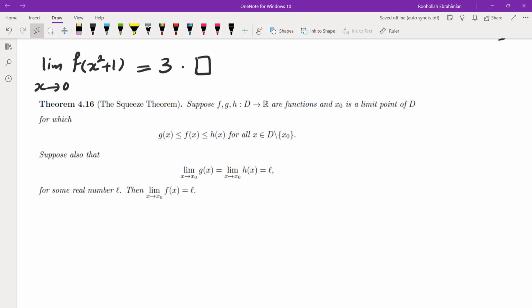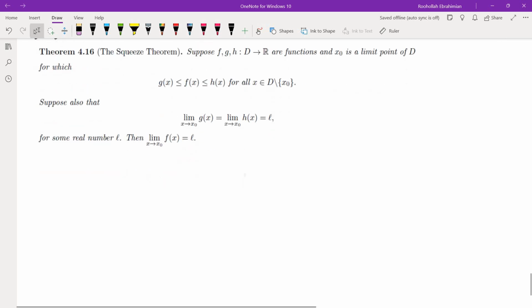What does that mean? It means f of x is in between g of x and h of x. g of x approaches some number L, and h of x also approaches the same number L. Then f of x must also approach the number L.